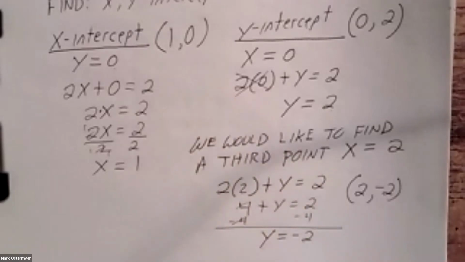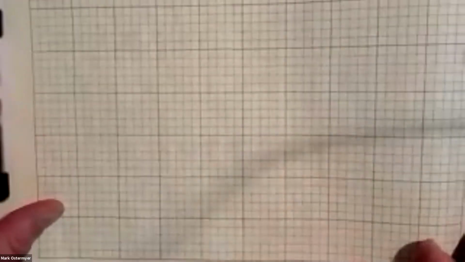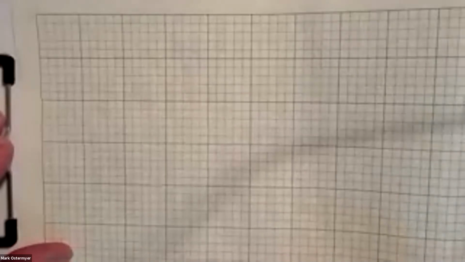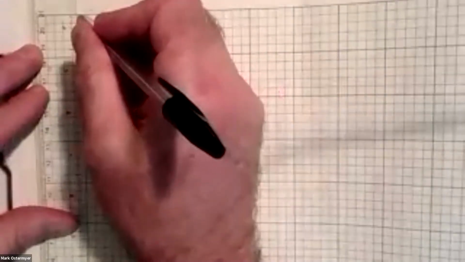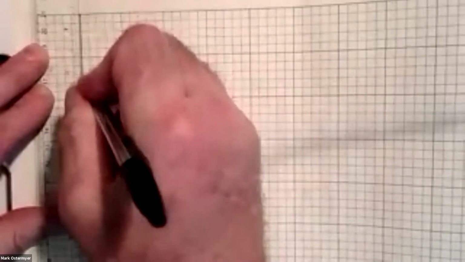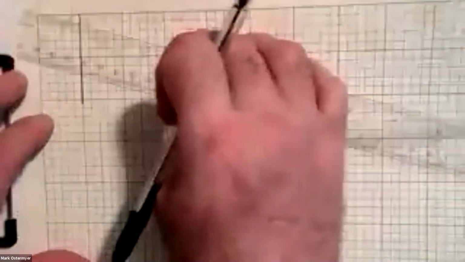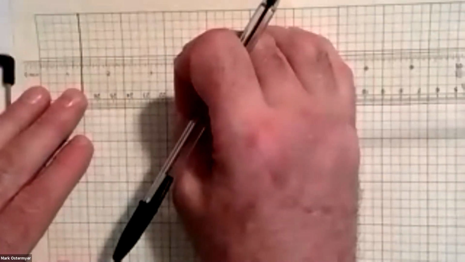What I would strongly recommend you do next is take out a piece of graphing paper. Let's see if we can look at the graph of that problem. I'm going to make my y-axis and my x-axis.